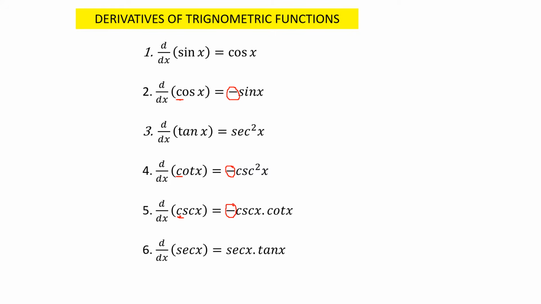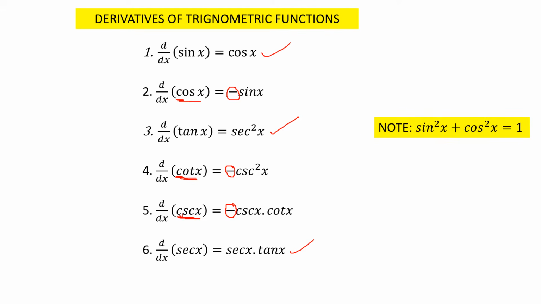So what I want to say to you is, if a trigonometric function begins with the letter C, then in the derivative there is a minus sign. So derivative of cosine is minus sin x, derivative of cot is minus cosecant squared x, derivative of cosecant x is minus cosecant x cot x. For the remaining 3, there is no need to put a minus sign. Like that you can remember the formula.